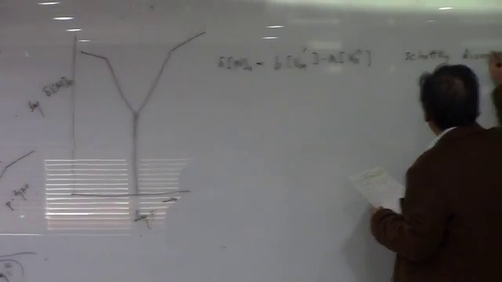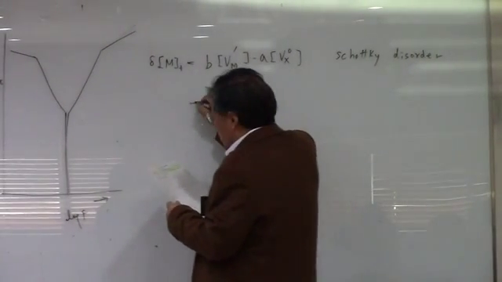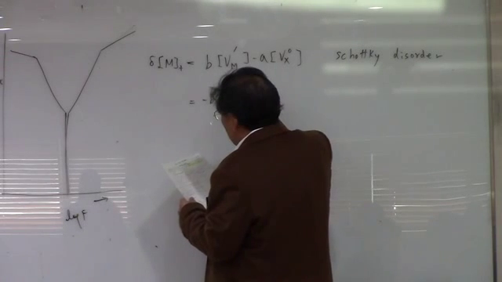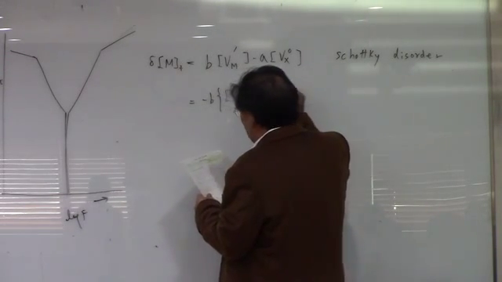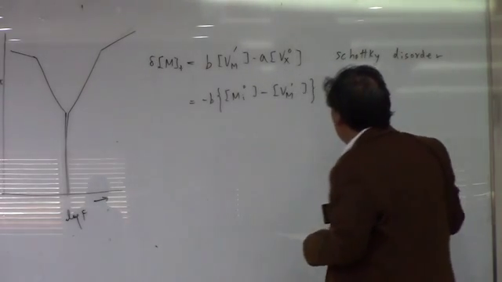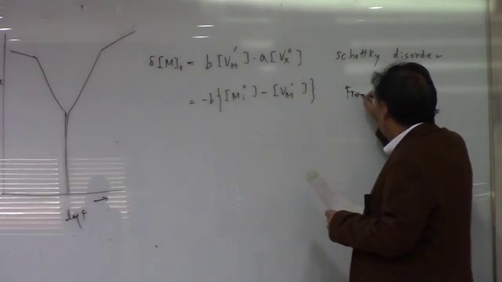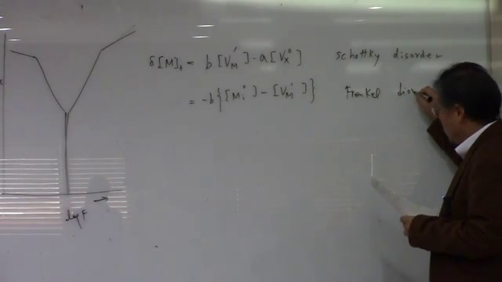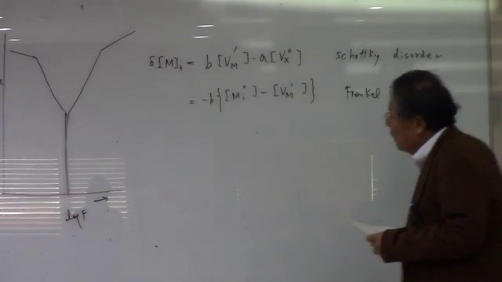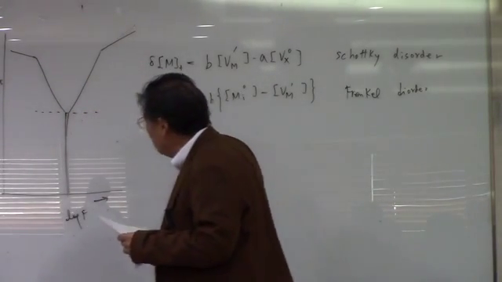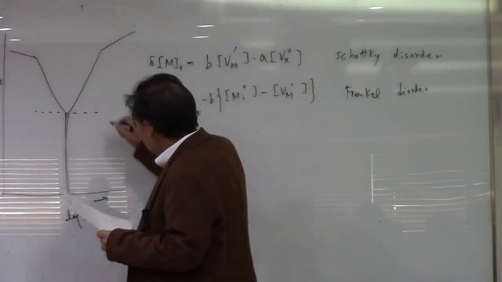Okay? And it's going to be equal to minus b Vm minus Vm prime if it is the Frenkel. The dominant defect is the Frenkel disorder. Okay, and virtually, practically, this is a delta minimum.